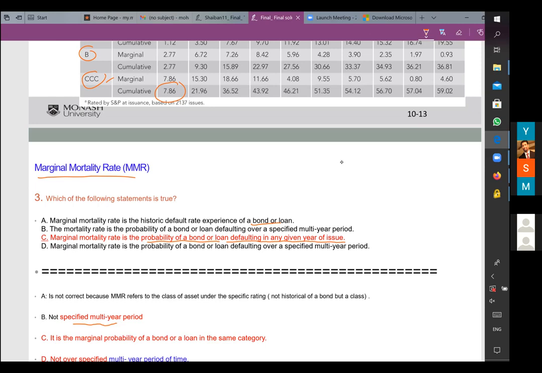Number 2, the mortality rate is the probability of a bond or loan defaulting over a specific period. This is not true. D, marginal mortality rate is the probability of a bond or a loan defaulting over a specified multi-year period. This is not. The question is between A and C.